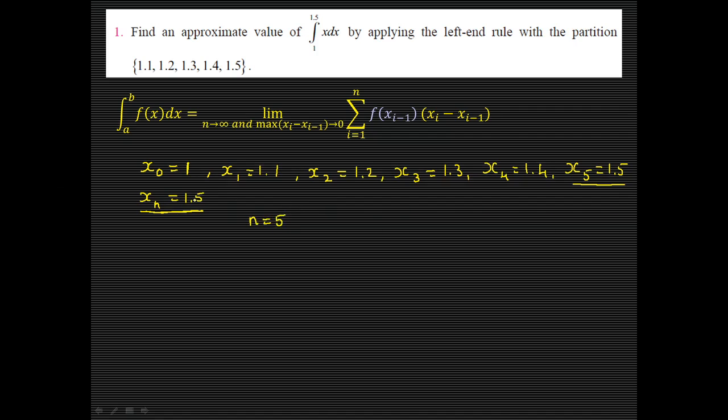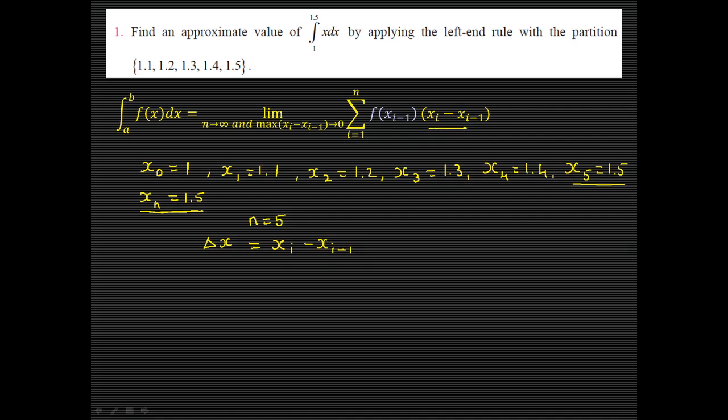Now we need to find the length of each interval. The length of each interval is denoted by delta x. Delta x can be written as xi minus xi minus 1.